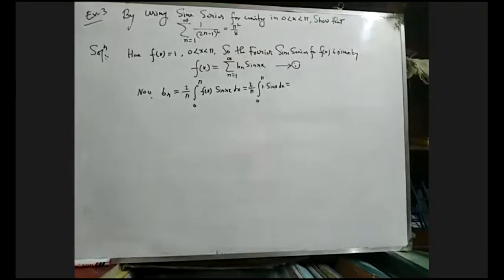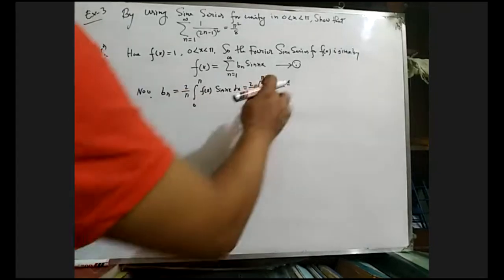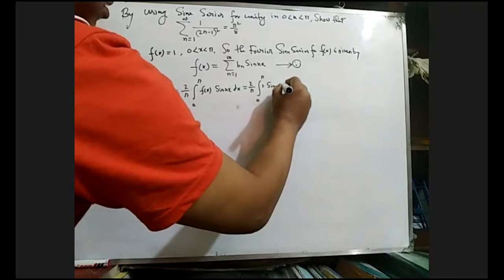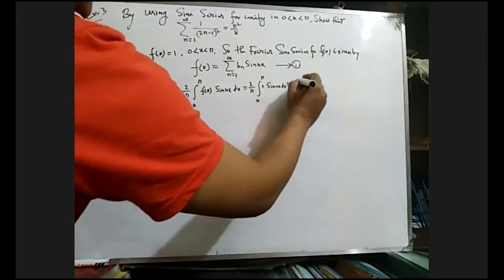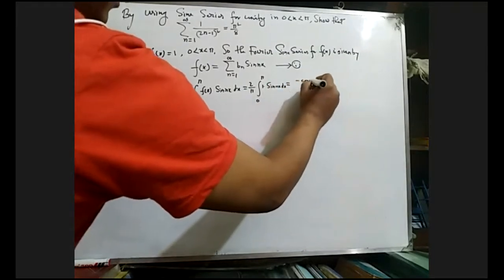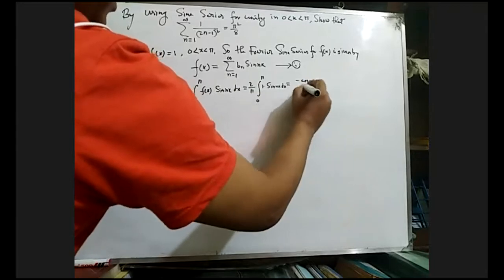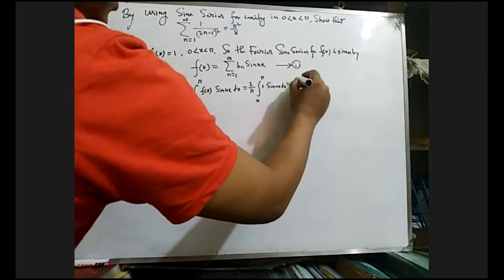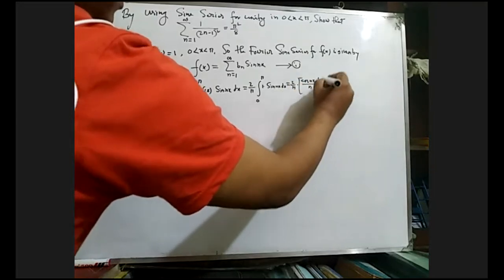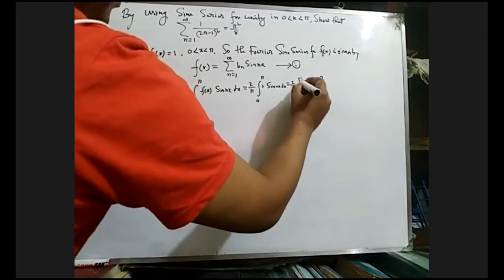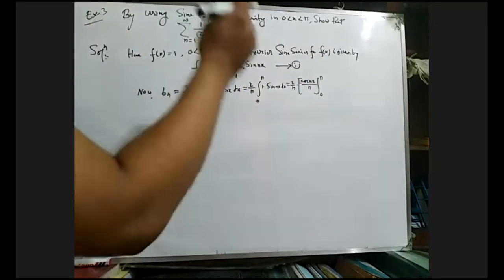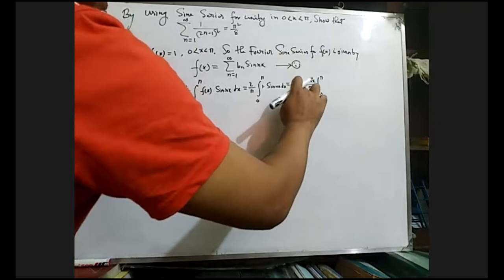The integral of sine nx is minus cos nx divided by n, and the limit will be 0 to pi. Okay, there is a negative sign.